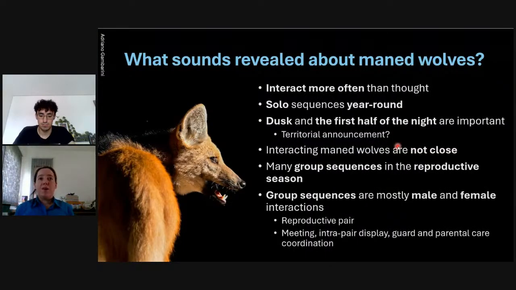So we have answered a lot of questions. To summarize, we know that maned wolves do interact a lot, much more than we had thought.